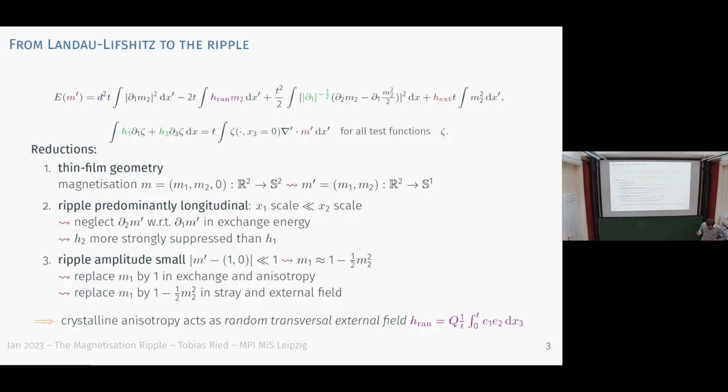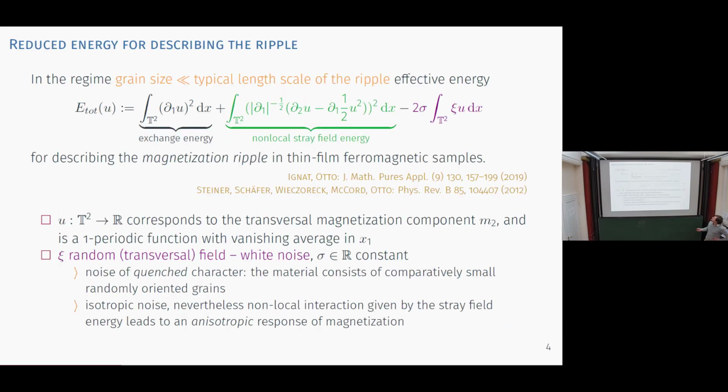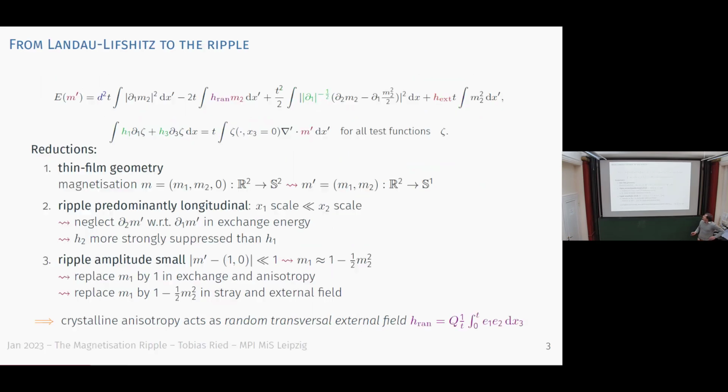Well, actually, the noise that we are interested in, let me maybe go to the next slide to already get a feeling, assume that the grain size is much, much smaller than the typical length scale of the ripple, so that in here I will actually assume that the noise only triggers small scale oscillations, so that I can forget more or less about what happens in the large and put everything on a torus.